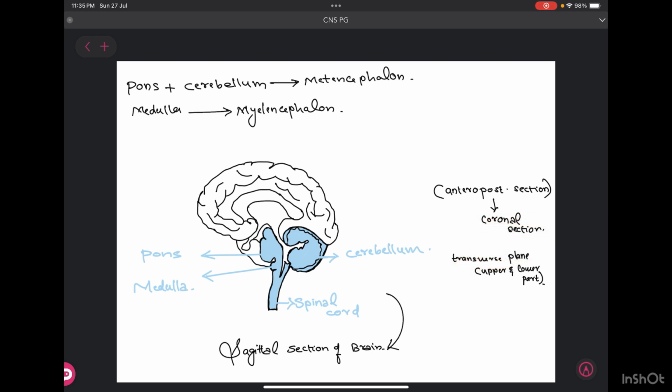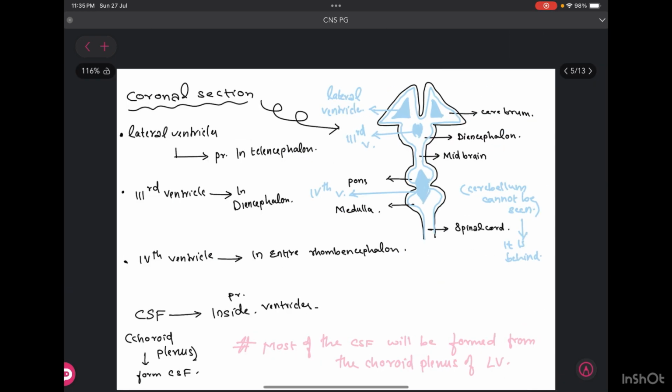That is the anteroposterior section. We divide the brain into an anterior part and a posterior part at the middle of the brain. We also have a transverse plane where we divide the brain into an upper and a lower part. So these are the 3 planes: sagittal, coronal, and transverse. That is clear, I guess.